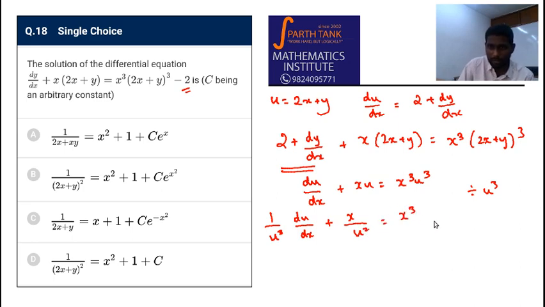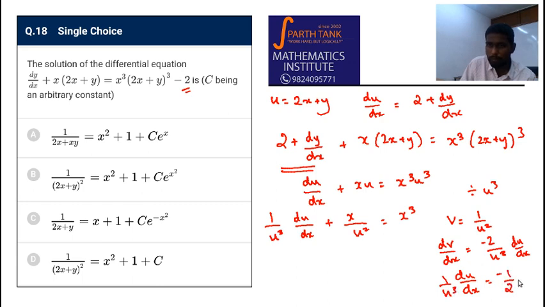Now we are still not done. Take v is 1 by u square. dv by dx therefore will be minus 2 by u cube du by dx, or du by dx is 1 by u cube of course minus 1 by 2 dv upon dx. So this is minus 1 by 2 dv upon dx.